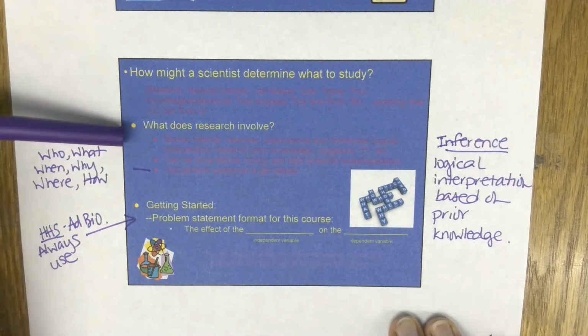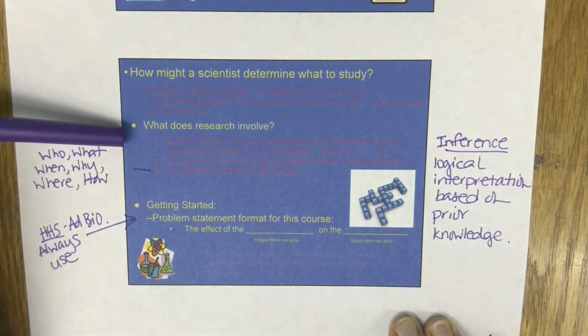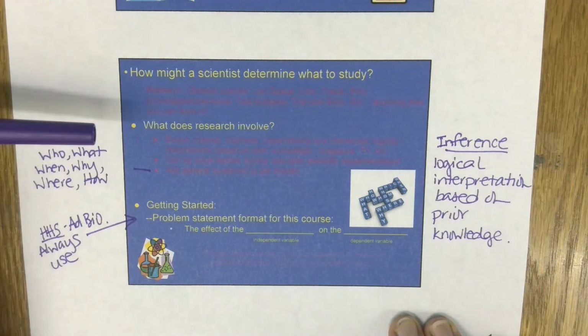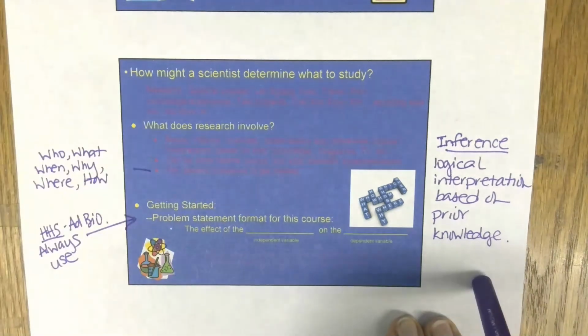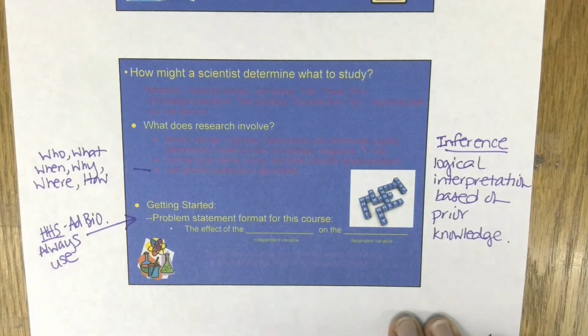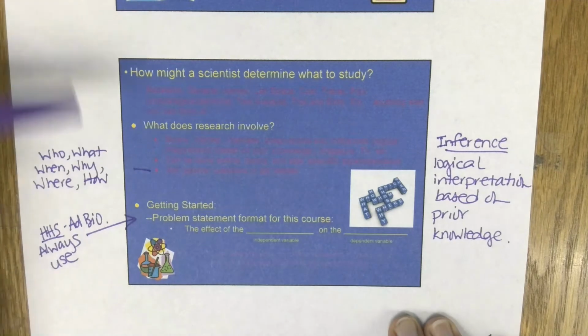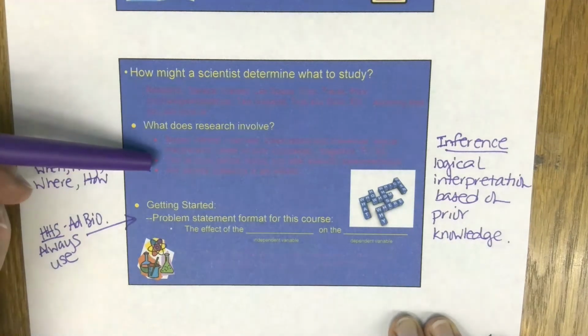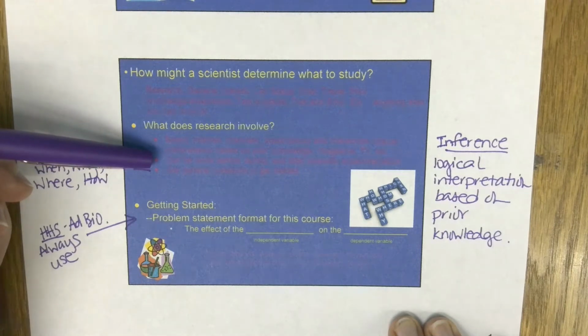The next bullet is what does research involve. For us in this day and age, our first go-to is obviously going to be the internet. But I've also got books, interviews, observations about the world around you, inferences, which I'll come back to with the definition in just a second, magazines, TV, etc. Okay, and then the second bullet says that research can be done during and after scientific experimentation.